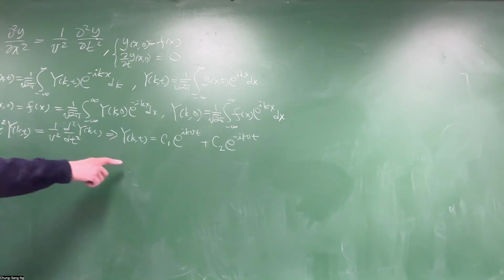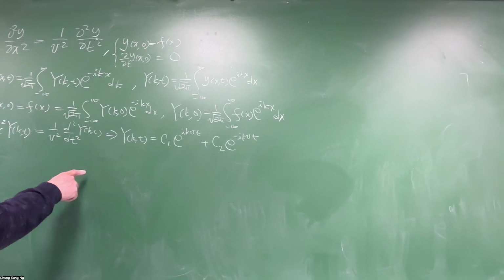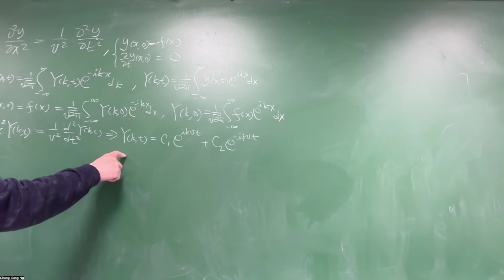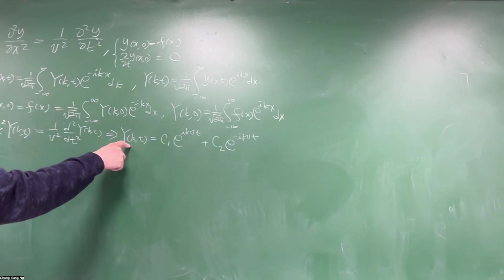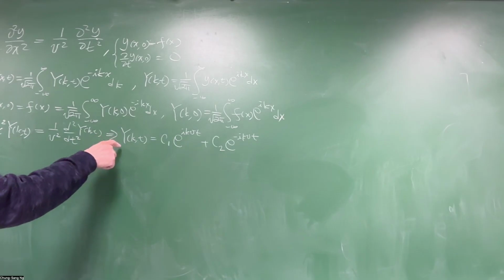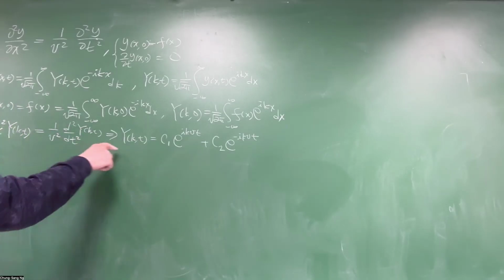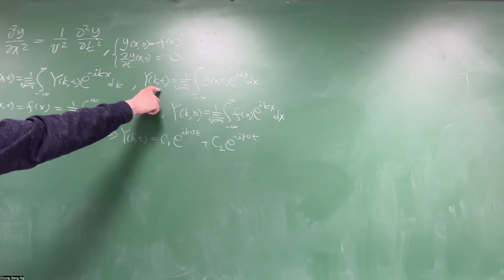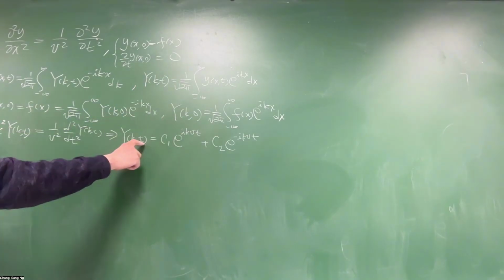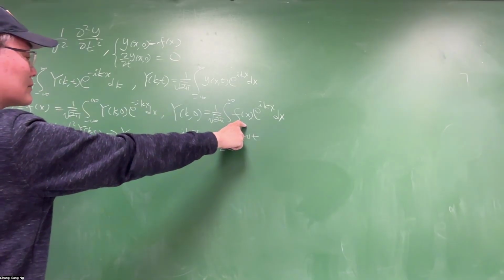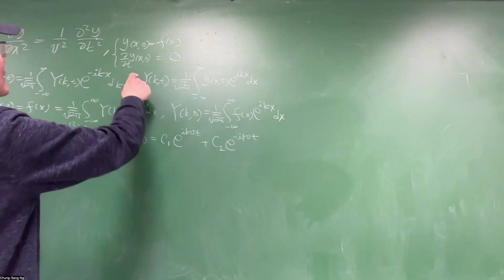Okay, and now you want to apply the initial conditions. One is at t equals 0, given by this one, but we can use the second one first.